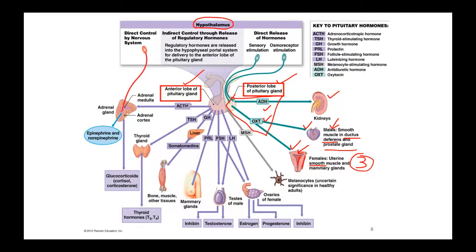The anterior lobe is going to release adrenocorticotropic hormone. When we look at the word adrenocorticotropic hormone, we see adreno. Well, that's the A for the adrenal gland. Cortico, the C for cortico. Well, this outer portion of the adrenal gland, I'm going to color it in like that. This is the cortex.